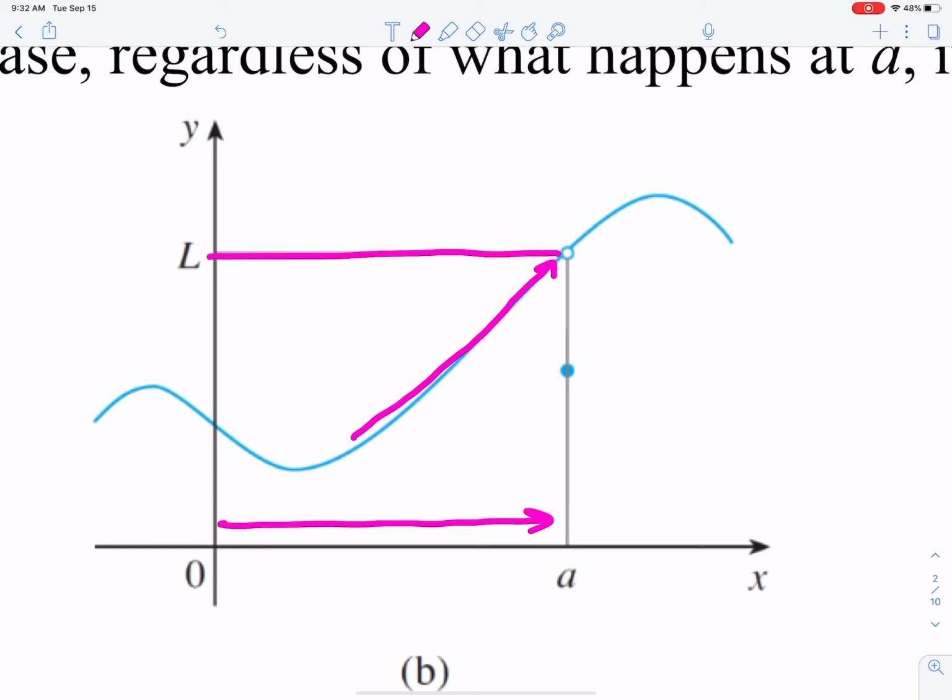And we definitely see the function value is approaching that L value, where it's interesting because there's actually a hole there, and the function in this case is actually defined at some other value other than L. But again, we don't care what's happening at x equals a. We care what's happening as we approach x equals a. Okay, very important.